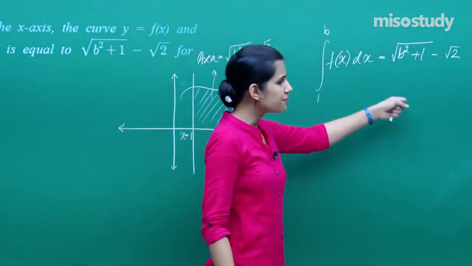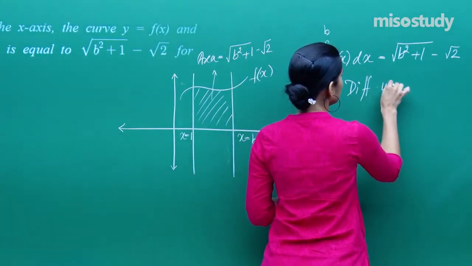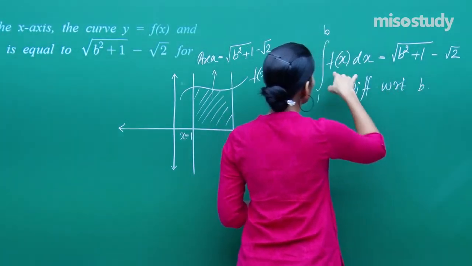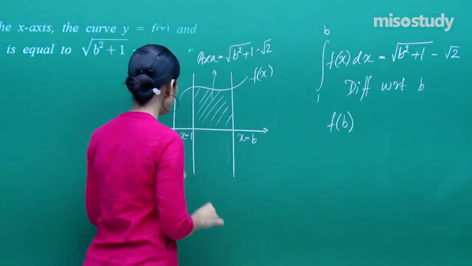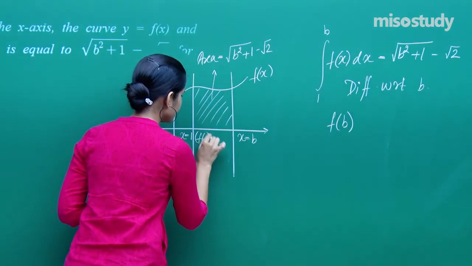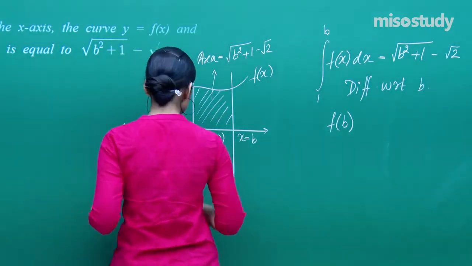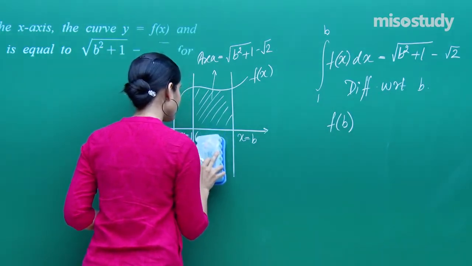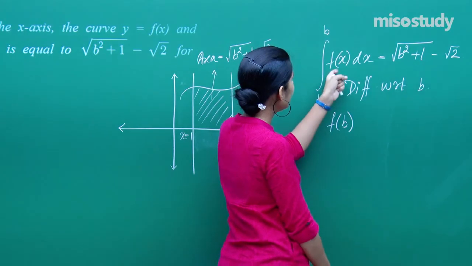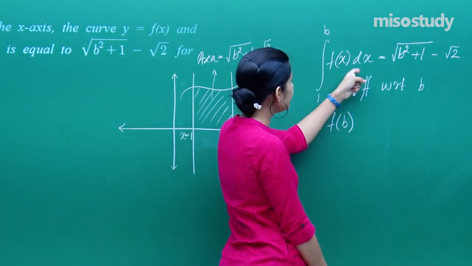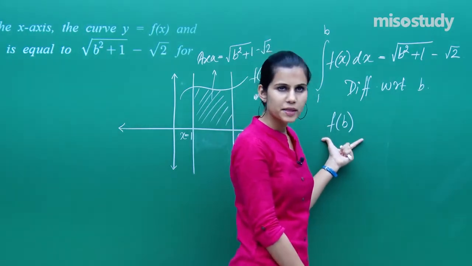When you differentiate both sides with respect to b, you are going to get f of b. Integral f(x) dx from 1 to b, when differentiated, leaves you with f of b.